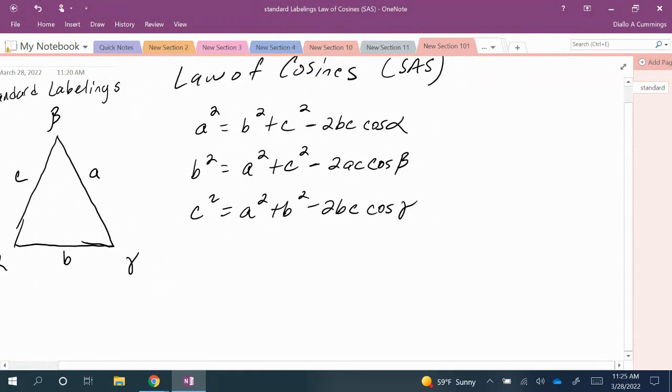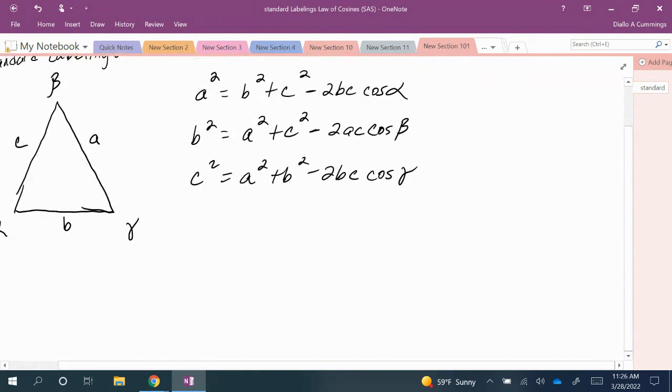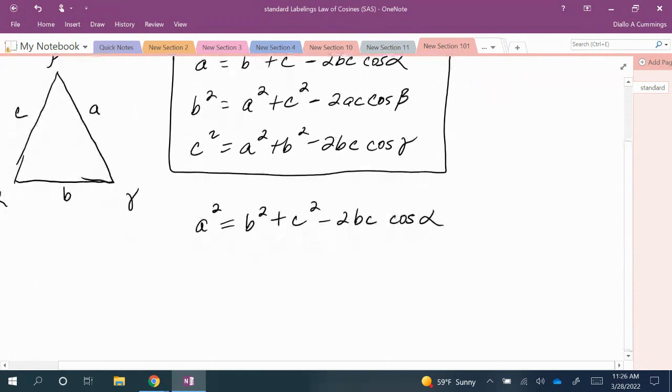Now, as I alluded to, we never really find a squared, we always find a. We never find b squared, we always find b. And we never find c squared, we always find c. So I'm going to take the very first formula, a squared, and put these in a box, is equal to b squared plus c squared minus 2bc times the cosine of alpha.